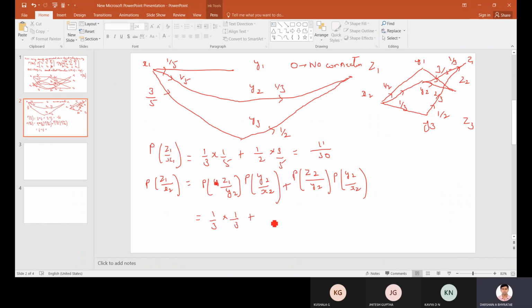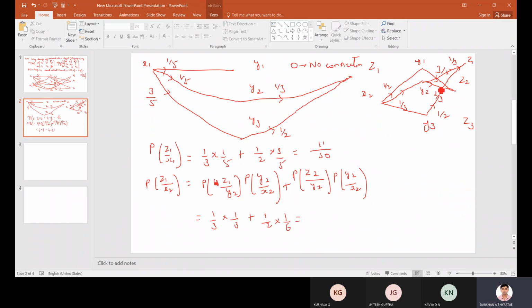Plus, again, P of Z2 by Y2. P of Z2 by Y2 is how much? It is 1 by 2 into 1 by 6.